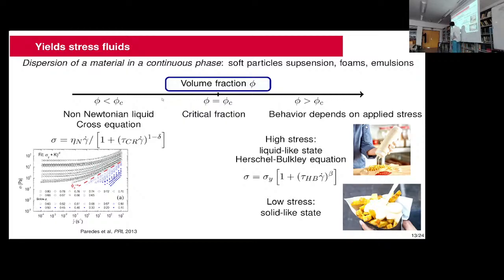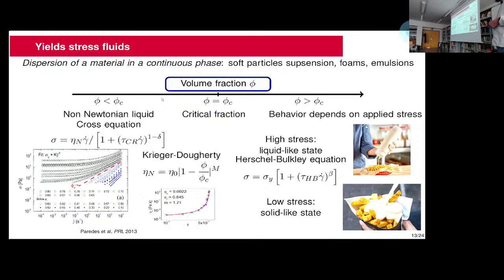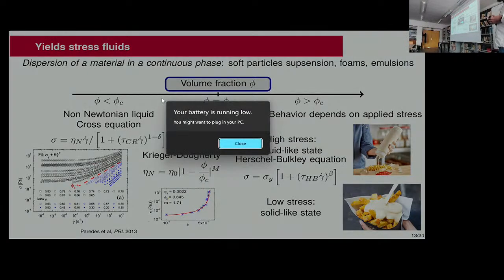Here you have a plot of castor oil emulsion with different volume fractions. You start with a high volume fraction. All these curves follow Herschel-Bulkley. And if you reduce the volume fraction, you get to the critical volume fraction and you go through the Cross equation. And for the Cross equation, you have an important scaling law as well.